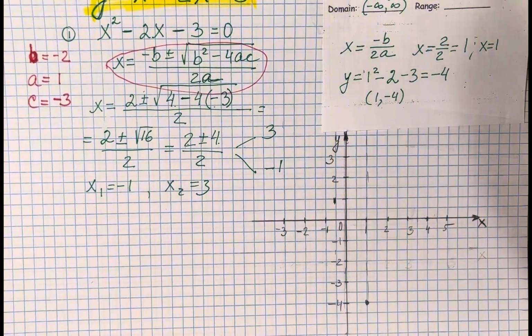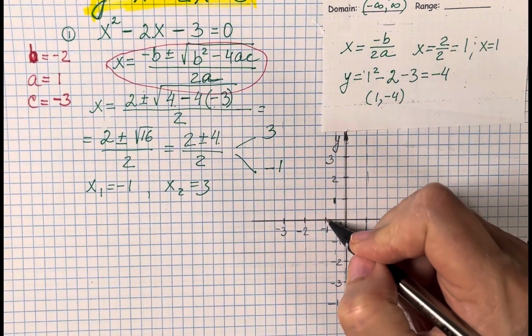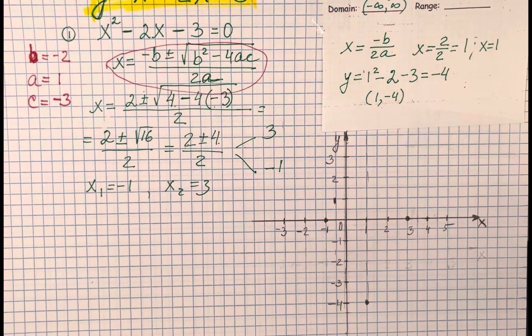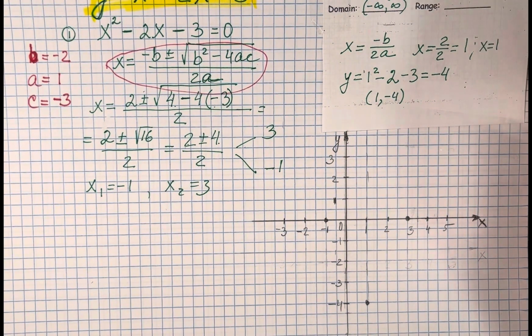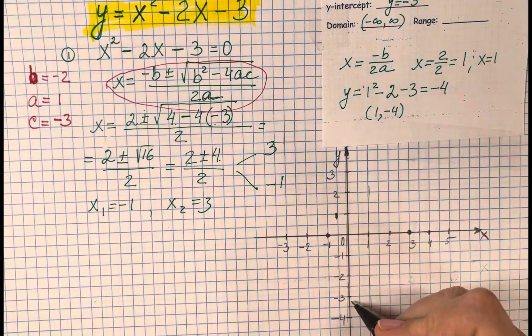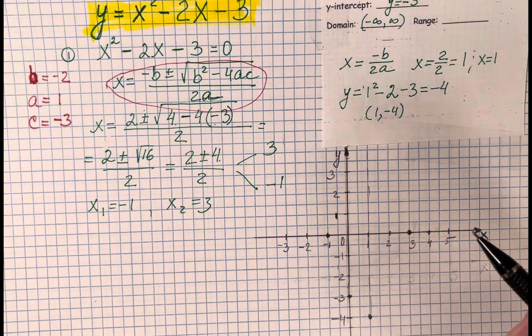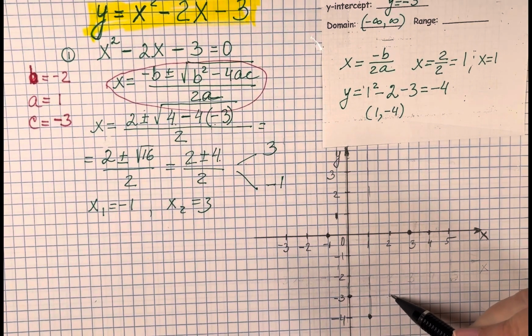Now we know that we have zeros at the points -1 and 3. Also we know the y-intercept, remember, it equals -3. So that's another point. The parabola is symmetric over the axis of symmetry. So the symmetrical point would be the same distance away here.